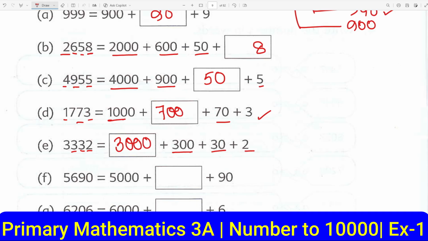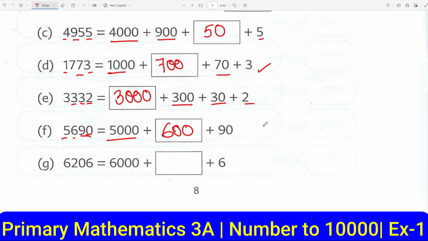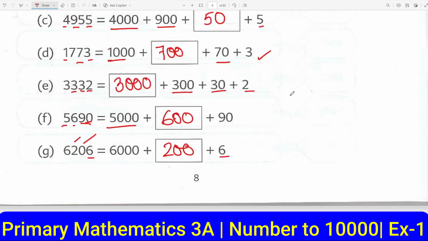Okay, same thing, 0 has no successive value, so it's 90, it's 600, and finally 5 is 5000. Same thing, this is 6, 0 has no successive value, so 2 is 200. Okay, so number 1 and 2 done.